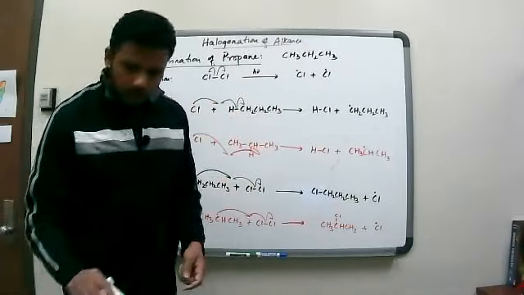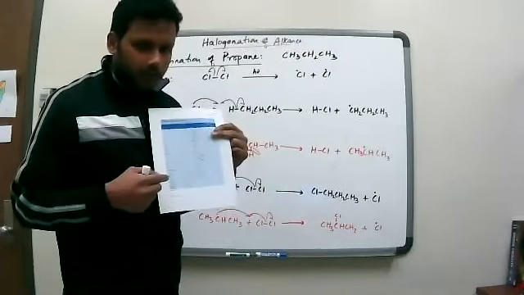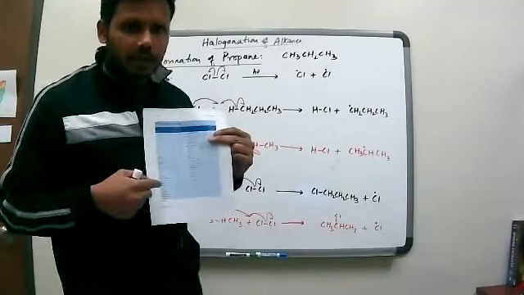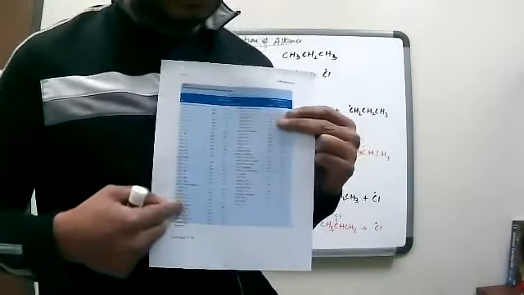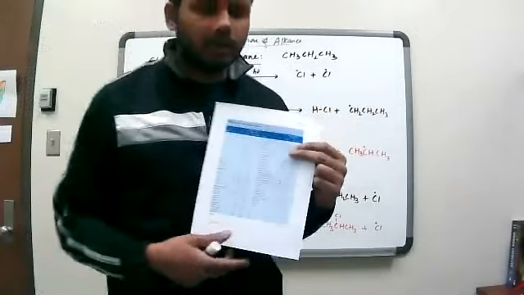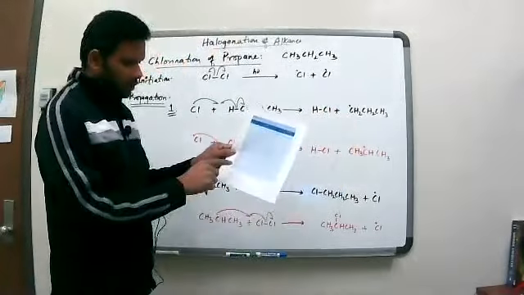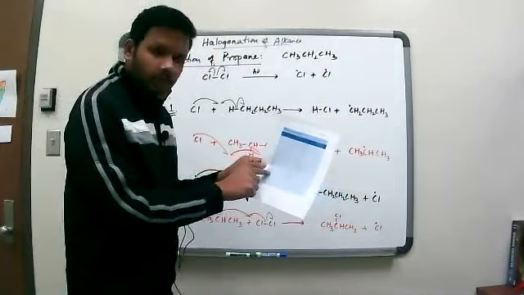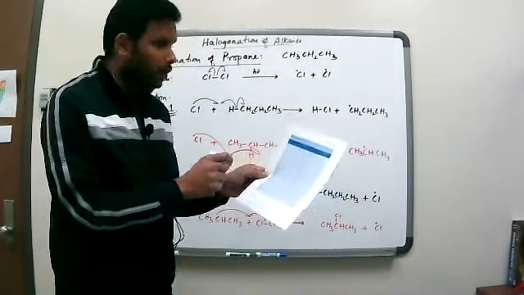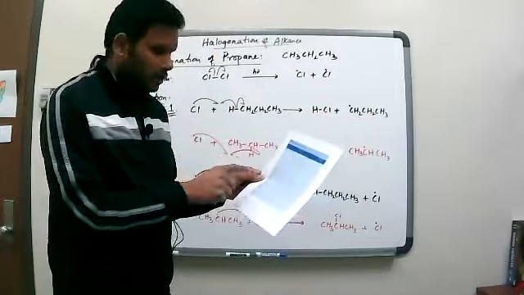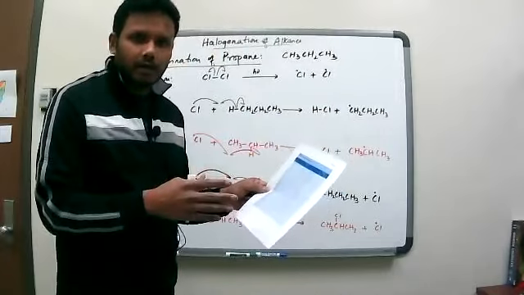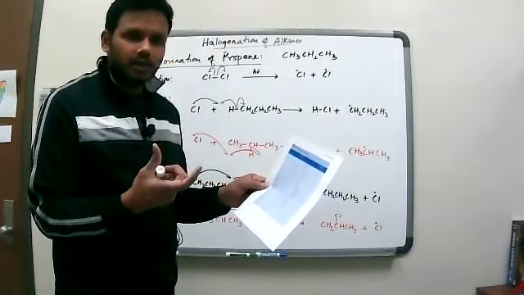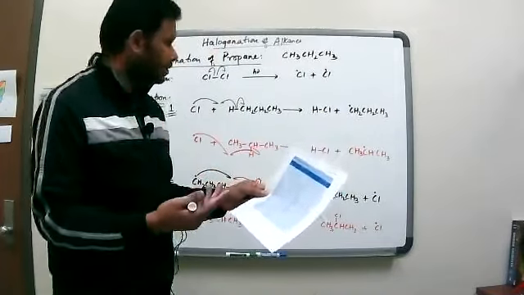On this table, first column at the bottom, these are all the bond dissociation enthalpies for primary carbon hydrogen bonds. The very first entry is not propane, it's ethane, but that doesn't matter because that's the bond dissociation enthalpy for breaking a primary carbon hydrogen bond.